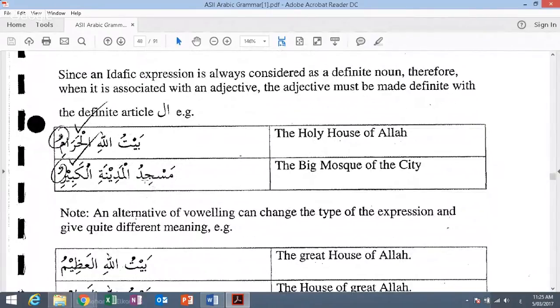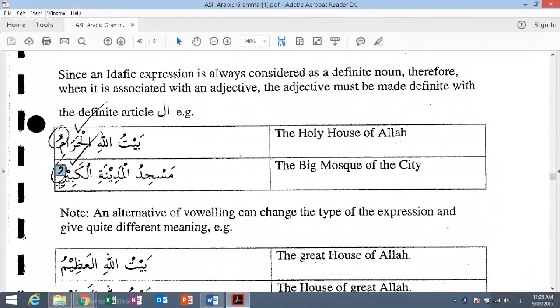Okay, the second example. Masjidul Madinati and Al-Kabiru. So same thing. So Masjidu is mudaf. Which case is this? Rafi. That's why Al-Kabiru is rafa, not Al-Kabiri.